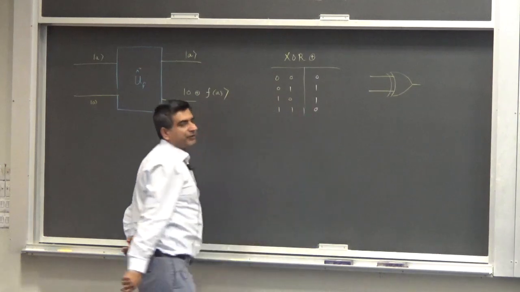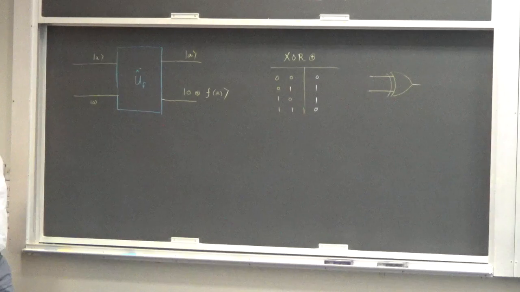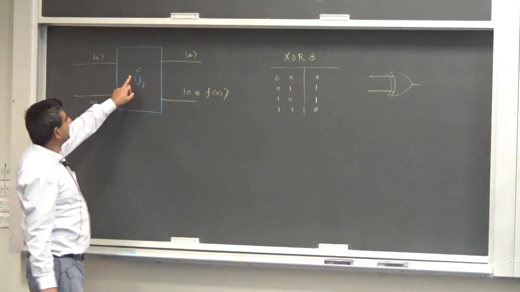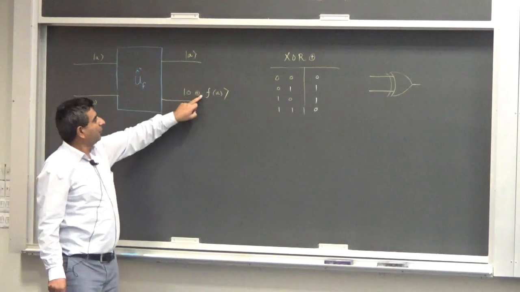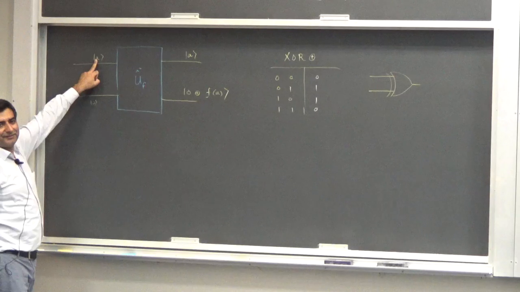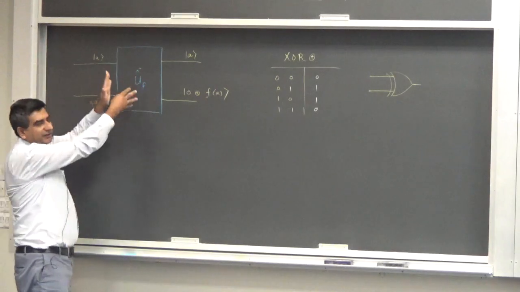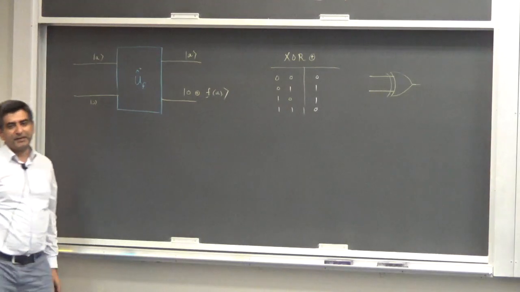If the inputs are different, the output is 1. So you do an exclusive OR of the state of this qubit 0 with the function acting on A. So you build your quantum circuit in such a way that this scheme is implemented.